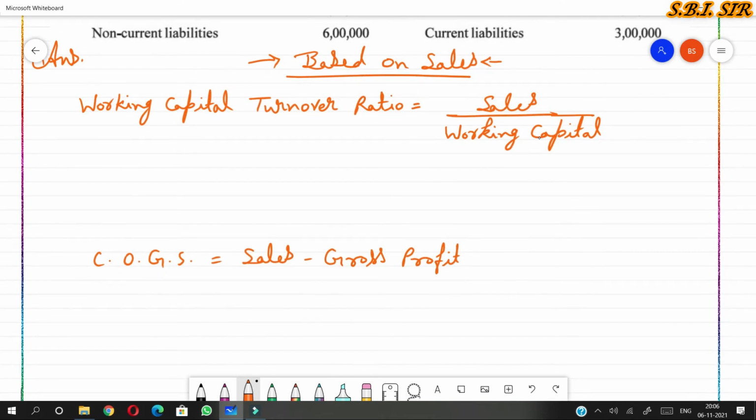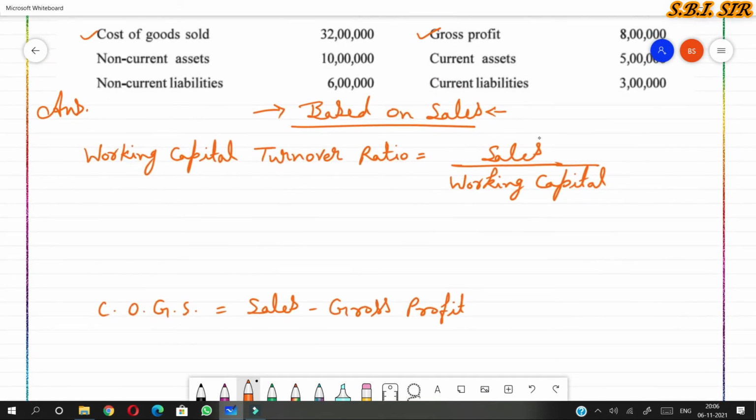Cost of goods sold is given 32 lakh. Sales we have to find out. Gross profit is given 8 lakh.